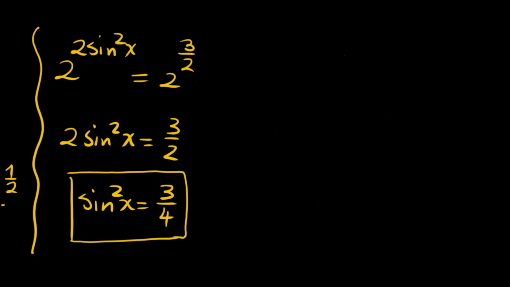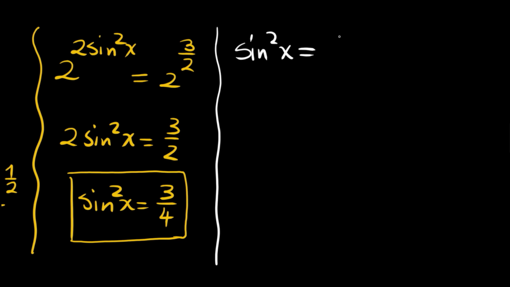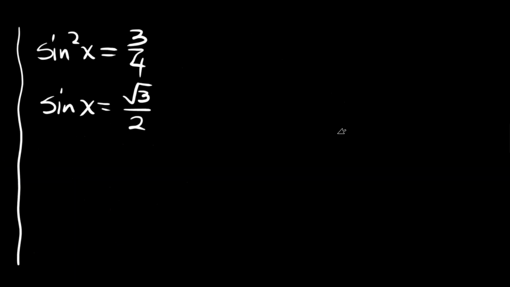Now this sine squared is equal to 3/4, and it also has two parts. We have sine x equal to, square rooting both sides, sine x equal to positive root 3 divided by 2 or negative root 3 divided by 2.